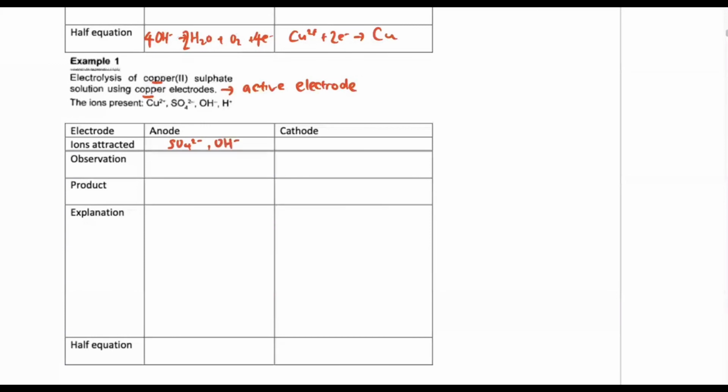What happens is not these two that are chosen to form product, but it is the anode that becomes thinner. Anode becomes thinner.